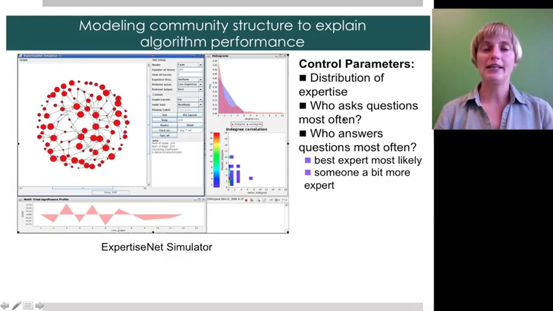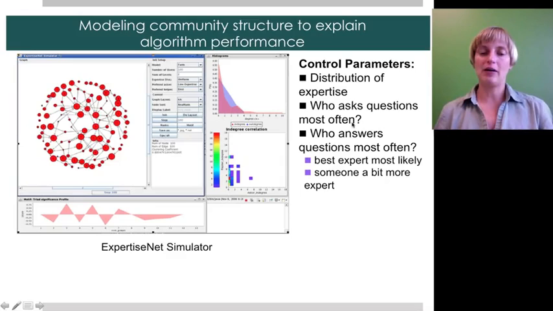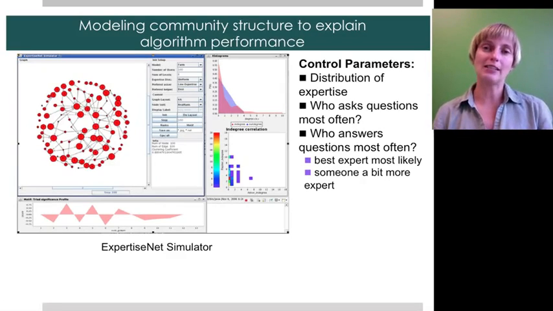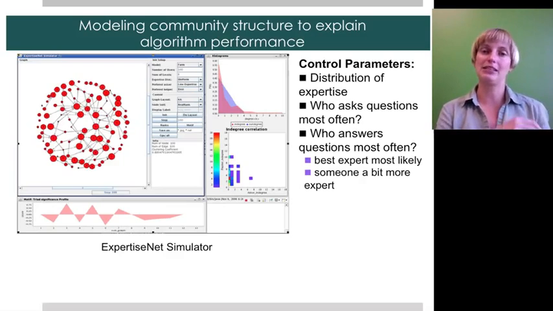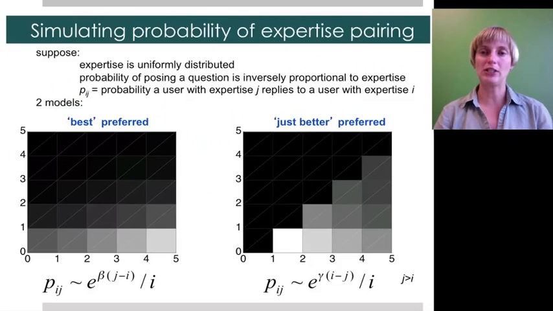And so here the parameters were who's going to ask more often. Is it going to be the newbies or the experts? And the one that seemed to resemble more the real network, just because of the skew, was that newbies ask lots and lots of questions. And then who is going to answer whom? We wanted to have a particular matching algorithm.